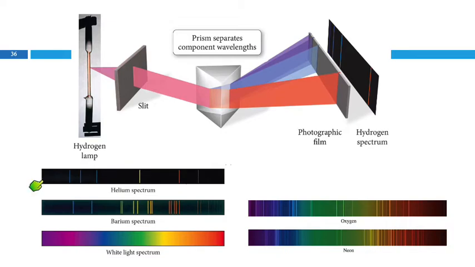If you do it with helium, you get something like this. Barium would give you this. It's got more lines. And white light, such as from the sun, here you'd see the rainbow. This is oxygen and neon.